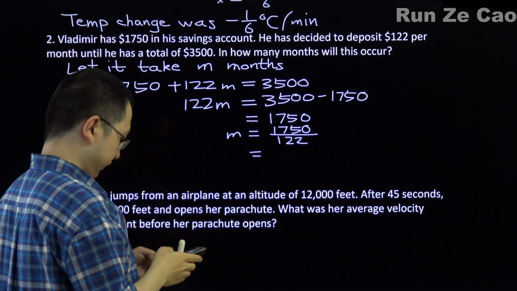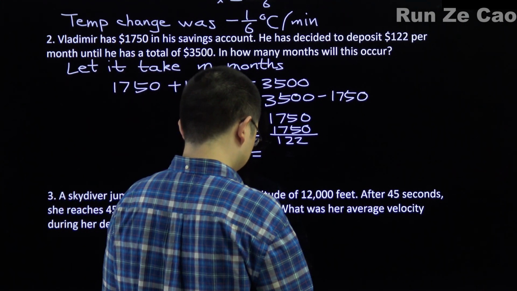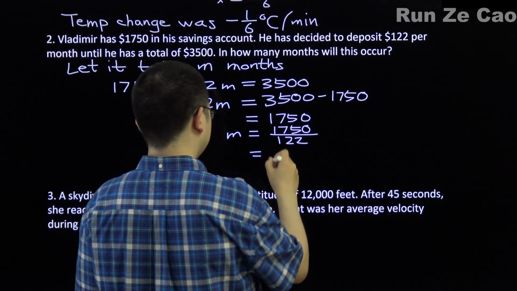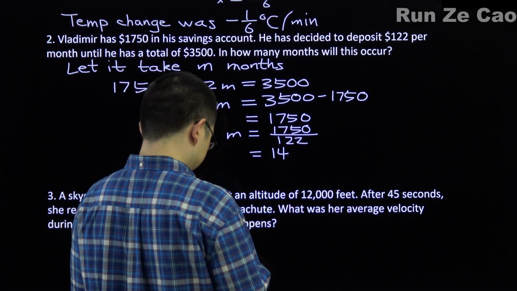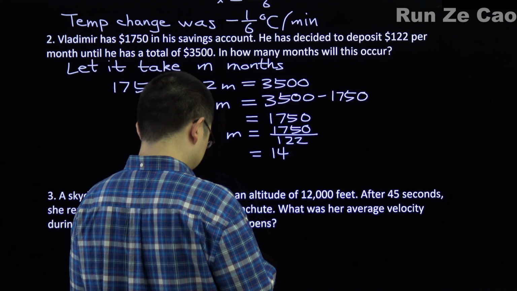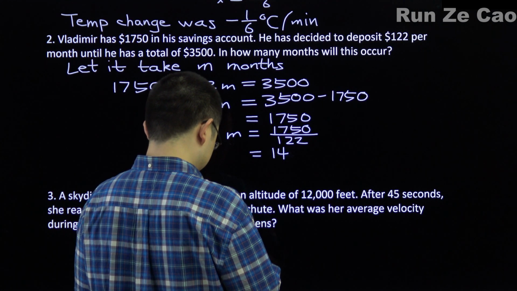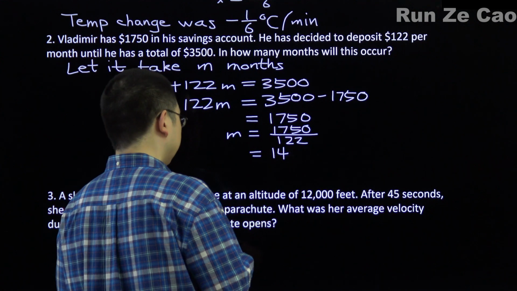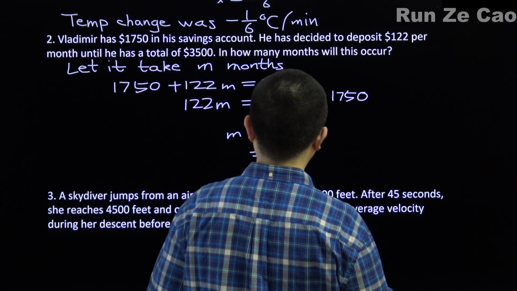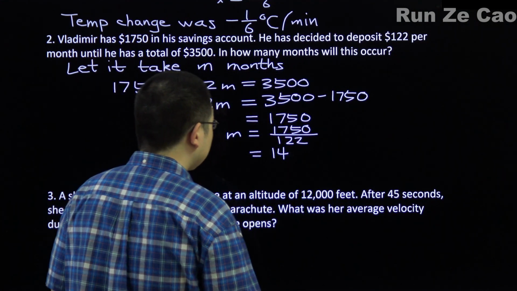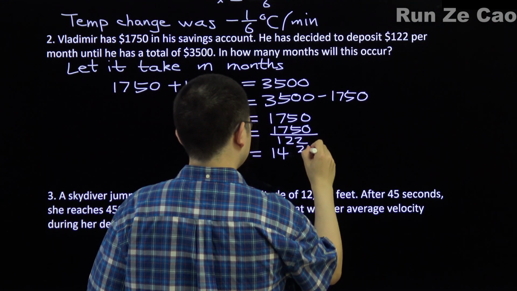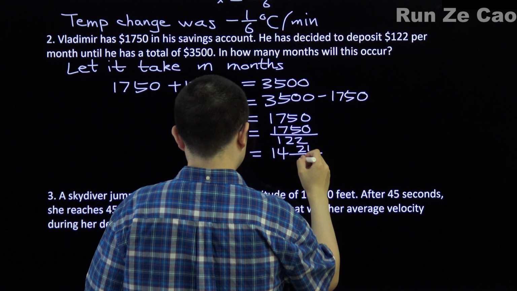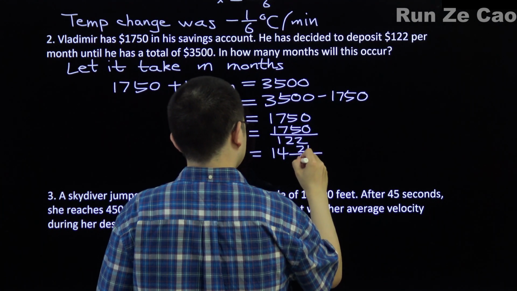Okay, 1,750 divided by 122 leaves us with 14 and a bit. 122 times 14, difference from 1,750, we end up with 42 over 122 left. What can we factor out? We can factor out a 2, so 21 over 61.